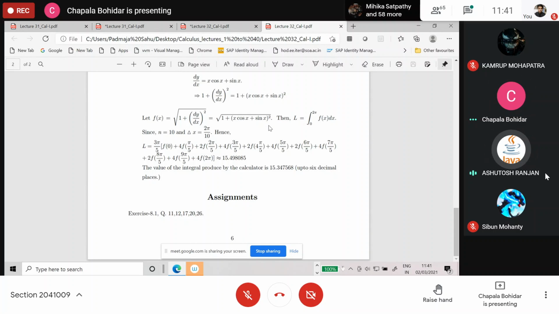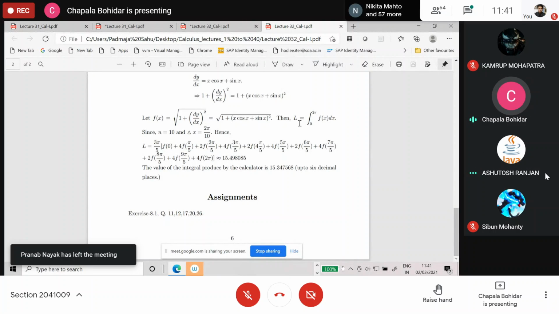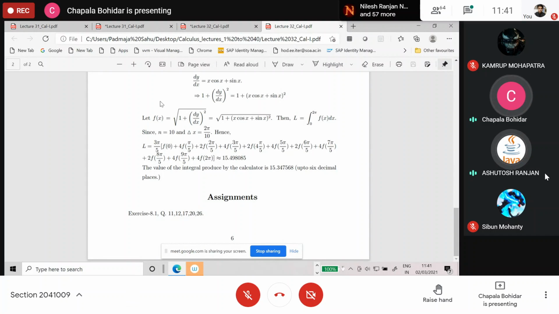Ma'am, is there any option to solve this type of problem? No. The question is asking about the Simpson rule, so you have to do it like this. To know the answer, you can use your programming calculator, and by programming calculator you can find the integration over this. That value is this one. Okay, ma'am.